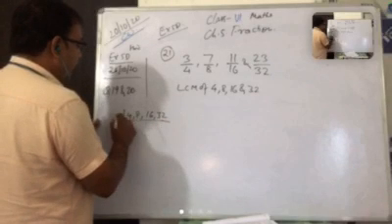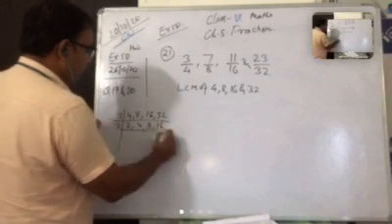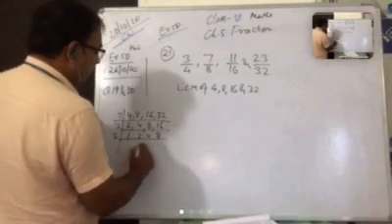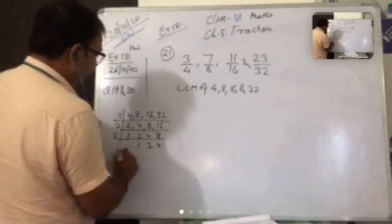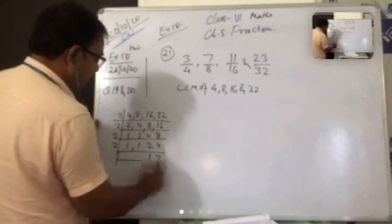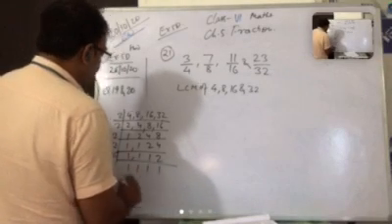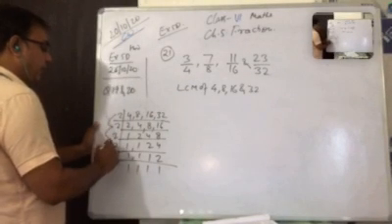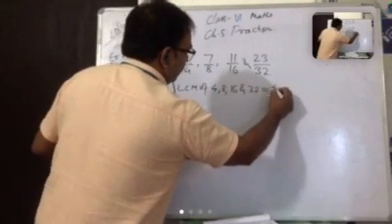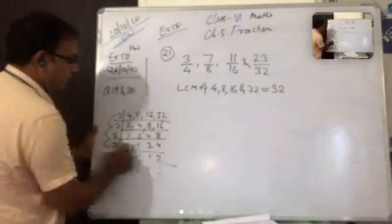Dividing by 2 repeatedly, then 2 times 2 times 2 times 2 times 2 is 32. So the LCM is equal to 32, which means the required denominator is 32.